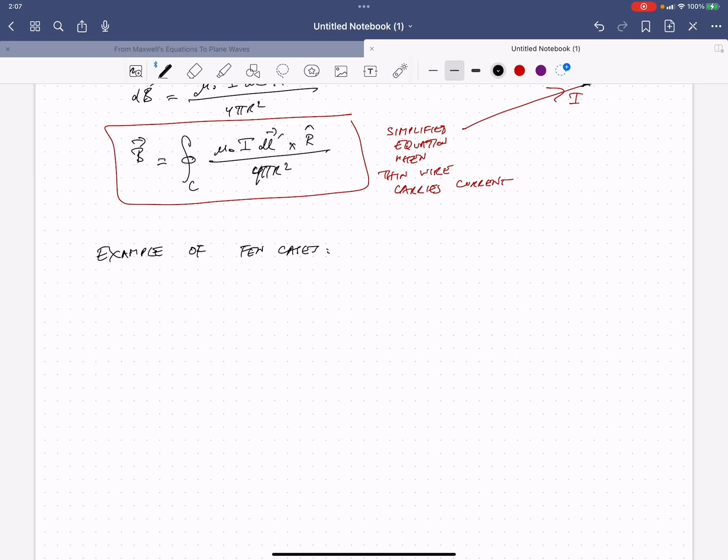In my experience, they are a lot more difficult to deal with than electric fields because of the cross product. In the case of the electric field, you don't have these vector cross products. In this case, you do.